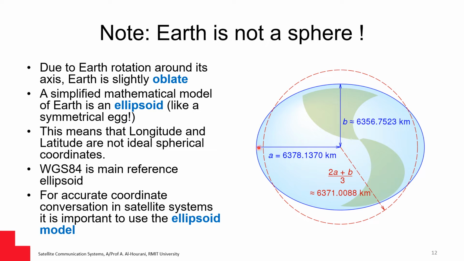For this reason, when we convert between LLA (longitude, latitude, altitude) and local Cartesian, ECEF, or other coordinate systems, we need to take into account the oblateness of the Earth, that is, the Earth is not an ideal sphere. We will use the WGS 84 as the reference ellipsoid. So this shape is called an ellipsoid. It's a slightly pressed sphere from the north and south poles.